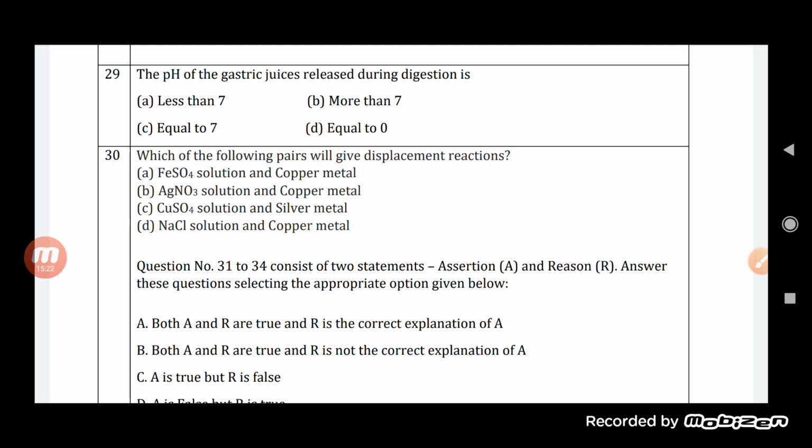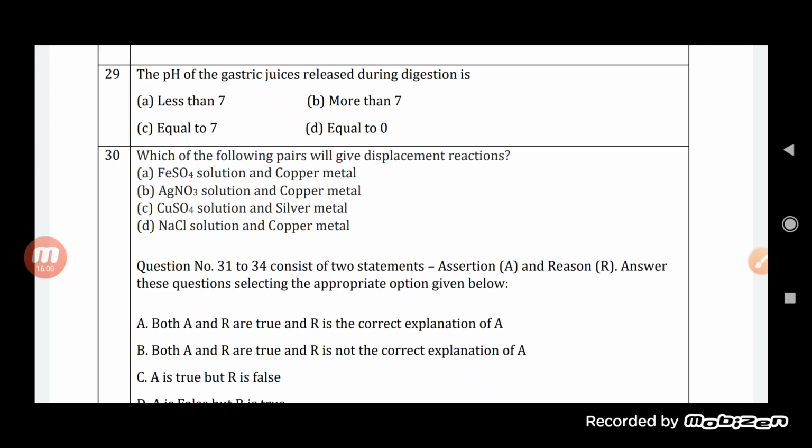Remember that reaction, students, which we have seen in the experiment also, where we dipped an iron rod in the copper sulfate solution, and the color changed from blue to green. It is because iron, being more reactive, displaces copper. So it is not possible for copper to displace iron. So no such changes will be seen if we dip a copper metal into the iron sulfate solution.